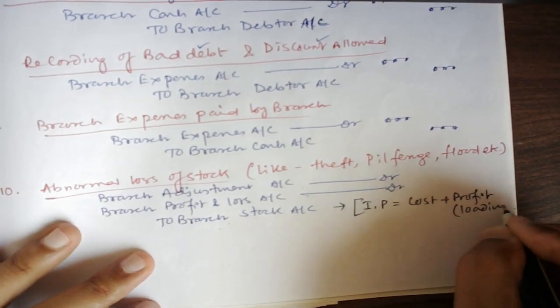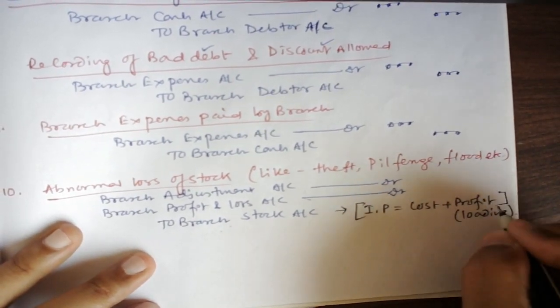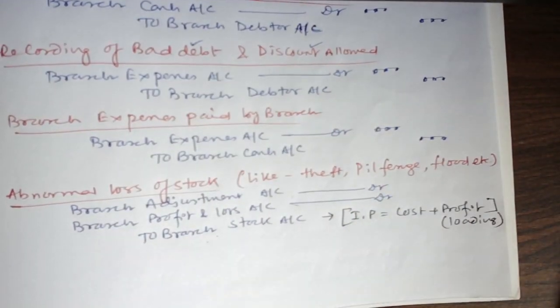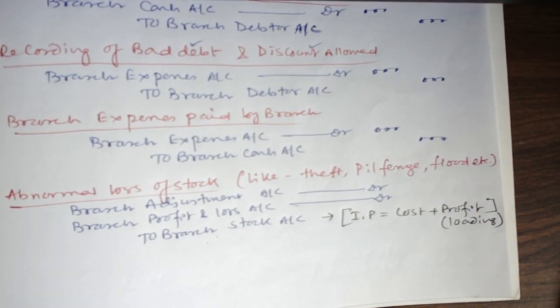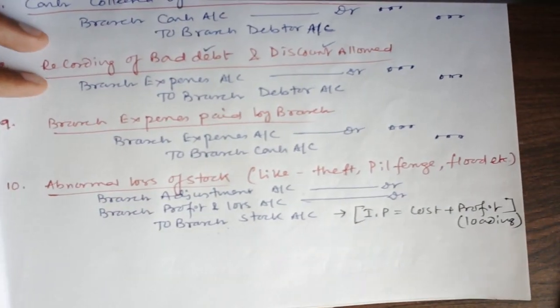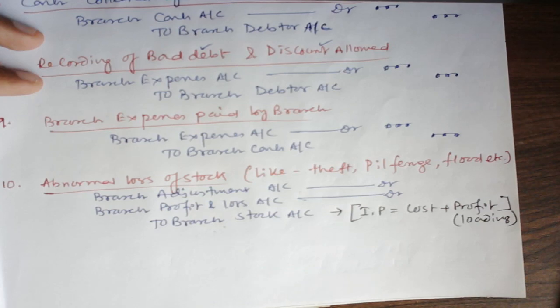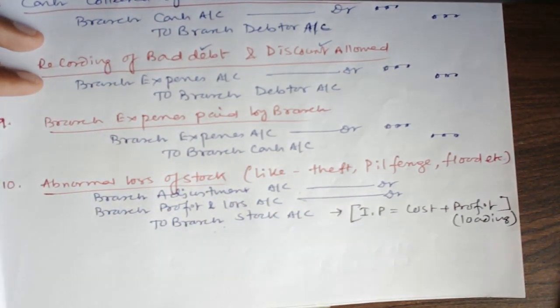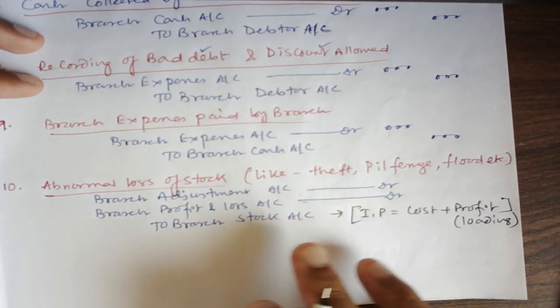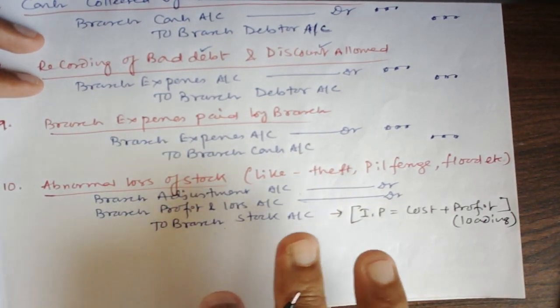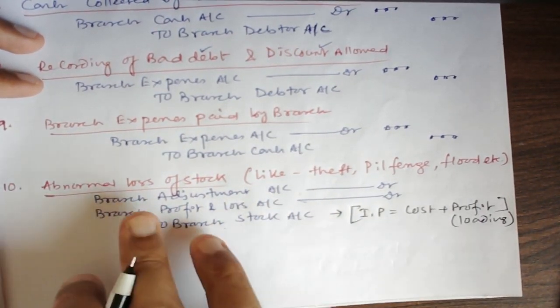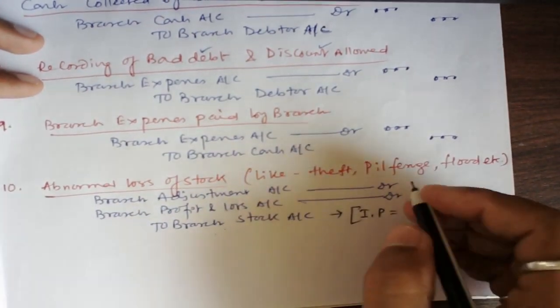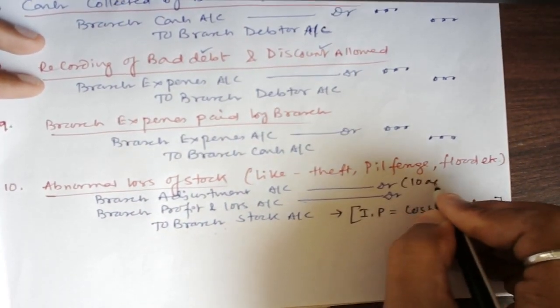Remember this, Supriya? That is very important. Loading is nothing but the same thing, that is the profit over the cost. So the branch stock should be credited with the total invoice price, and the branch adjustment should be debited with the loading amount. You can write here loading account.